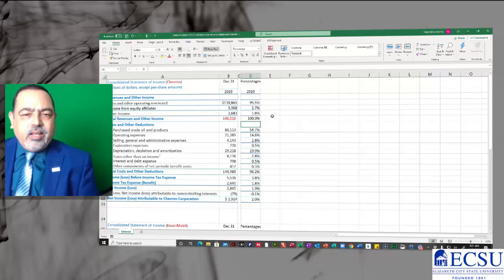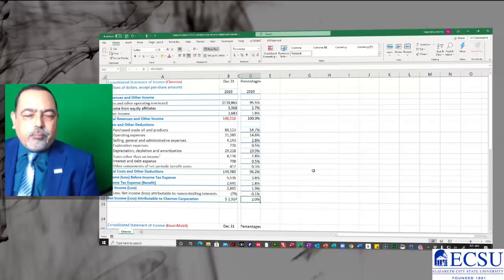It means that for every $100 sold by Chevron, it is spending $96.2. Of course, the energy sector is a very competitive industry, so you can understand the high cost of production. They make a profit by selling more, not by having a margin as such. That is why you can see it is only 2% profitability.